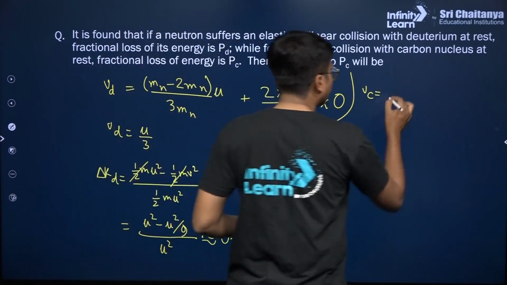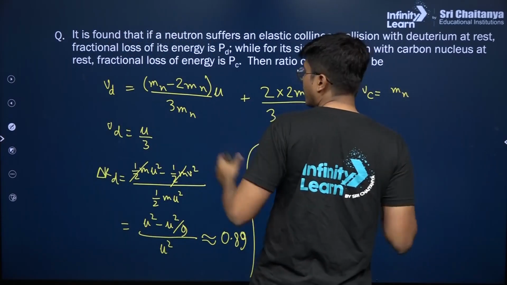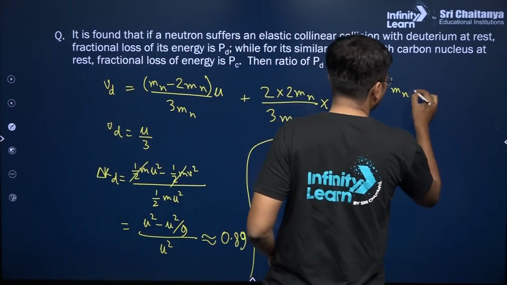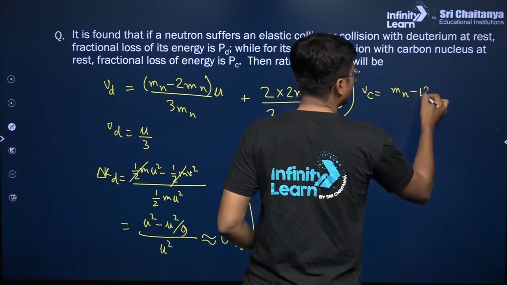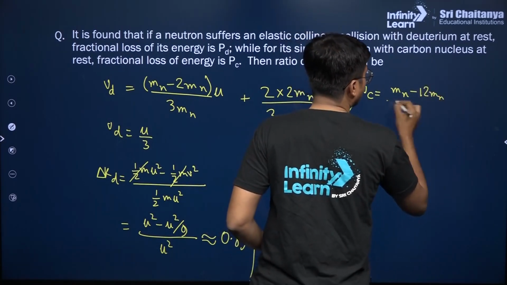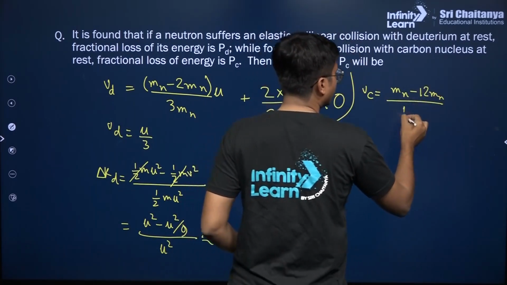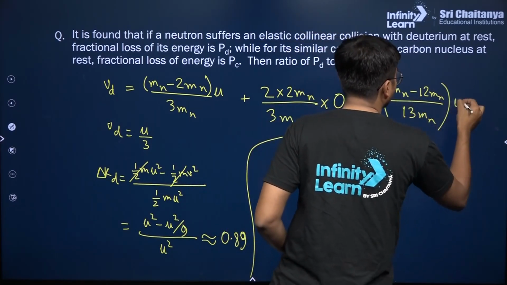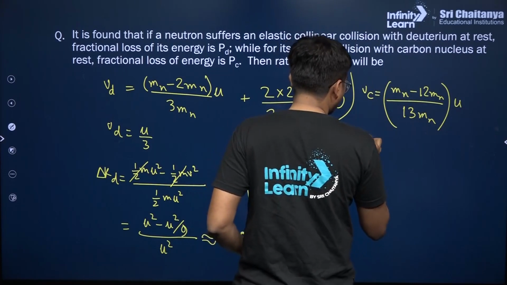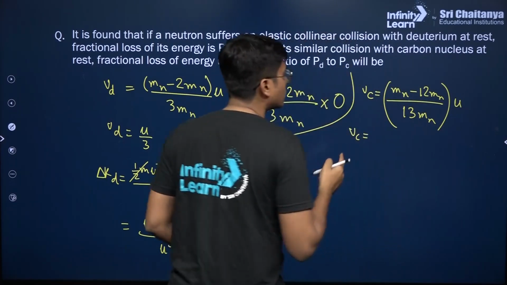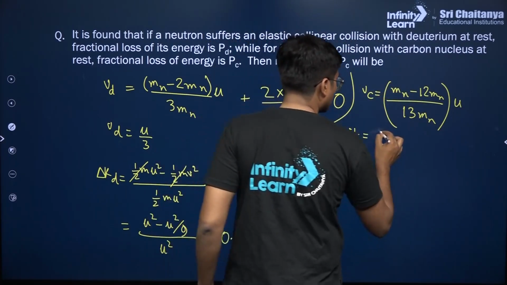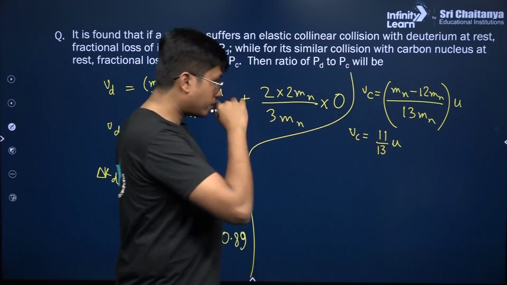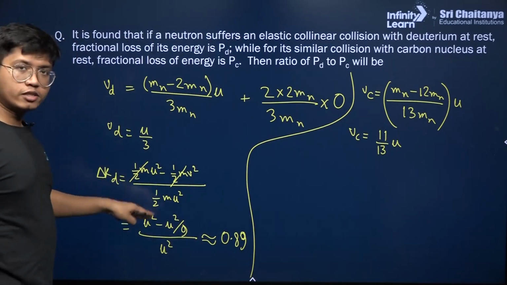So you would have Mn, there's a negative sign, we can ignore the negative sign, that just tells you it moves in the opposite direction, minus 12 Mn divided by Mn plus 12 Mn, that would be 13 Mn, into u. That would give you Vc as equal to 11 by 13 u.